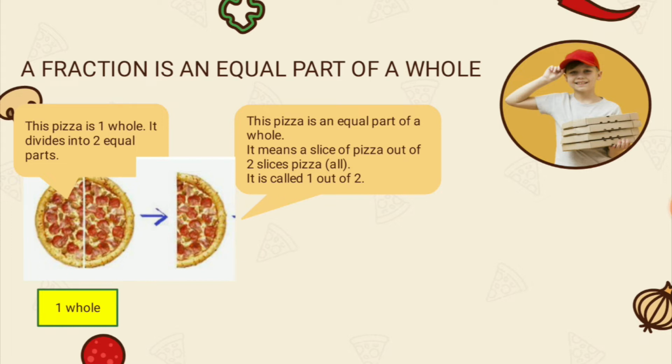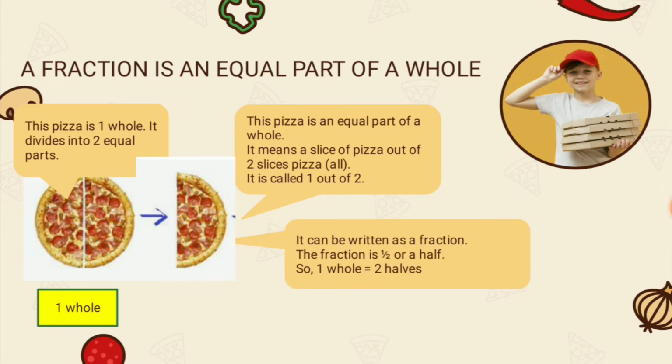It means a slice of pizza out of two slices of pizza. It is called 1 out of 2. It can be written as a fraction. The fraction is 1 out of 2, or a half.